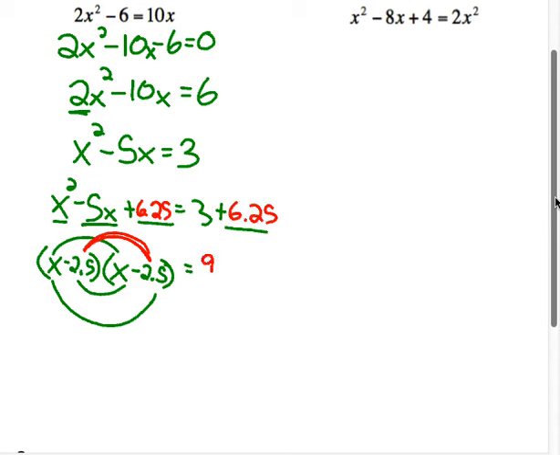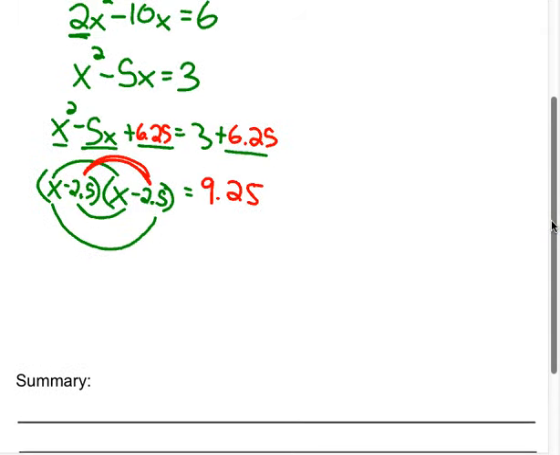Okay, and when I add 3 to that over here, I get 9.25. So what I've got is x minus 2.5 squared equals 9.25. Now that I have it written this way, I can finish my process.